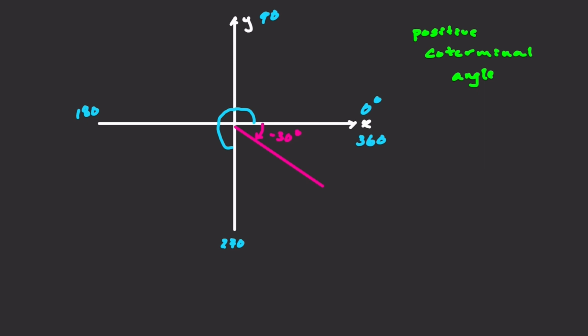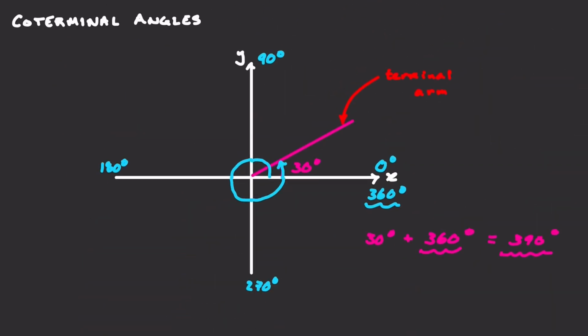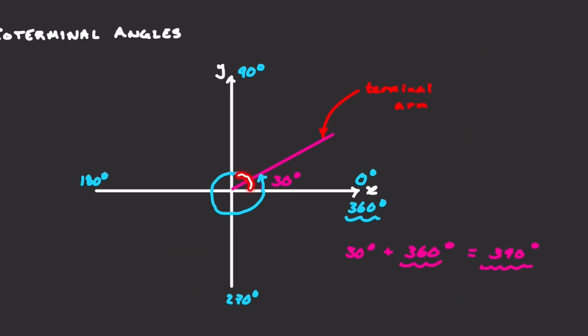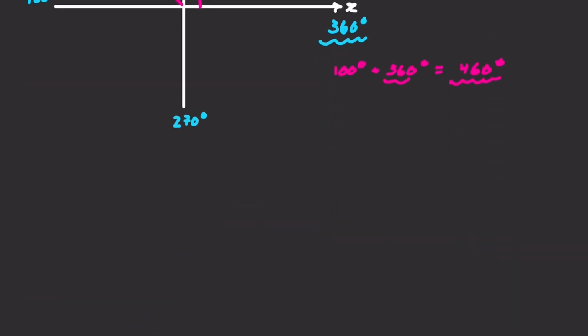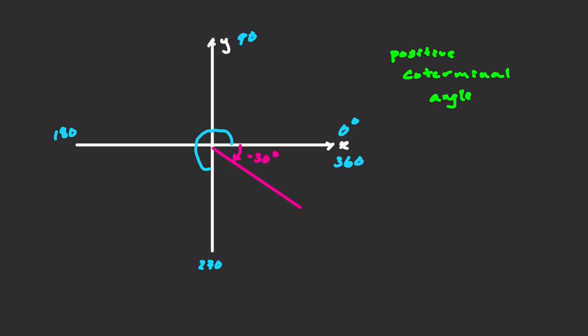Before, we would go completely around and add whatever the angle was to get to the same terminal arm, such as what we did here. We did one full circle, we got 360, and then we added whatever the angle was to get back to the same terminal arm point. However, in this case, it's different. We need to stop measuring the angle once we reach the terminal arm. So our coterminal angle will look something like that.